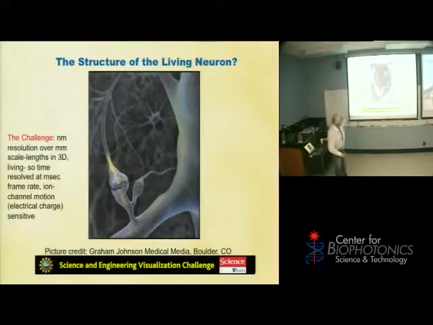We have to have nanometer resolution over the scale lengths of millimeters. These are millimeters in dimensions, and these are nanometers in dimensions. And we need to do it in 3 dimensions because there's a lot of 3-dimensional structure. And we need it time resolved because, for example, as calcium ions flow through a neuron, they change the voltage potentials in different areas of the neuron and so forth.